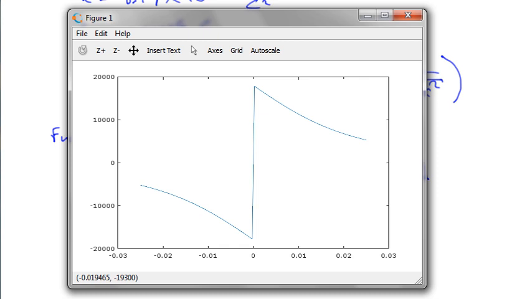So that's actually working. I got to do things like graph and the plot. So this is a sudden jump from there to there. I think that's an okay way to display a jump discontinuity in a function, just a vertical line.